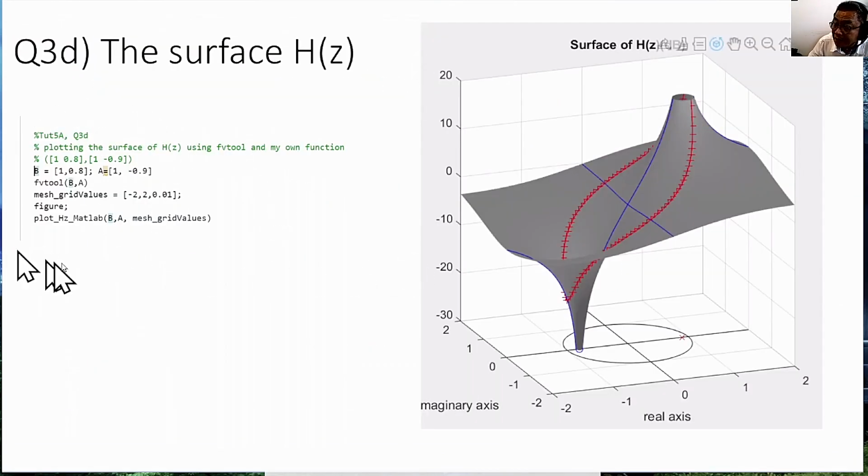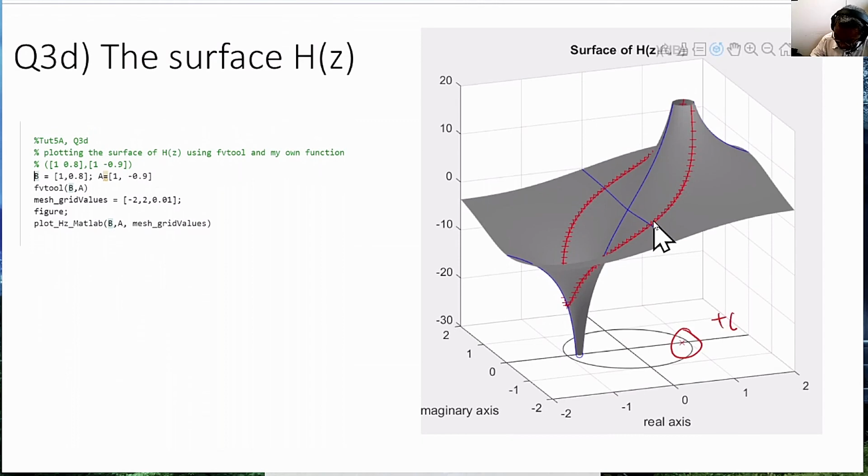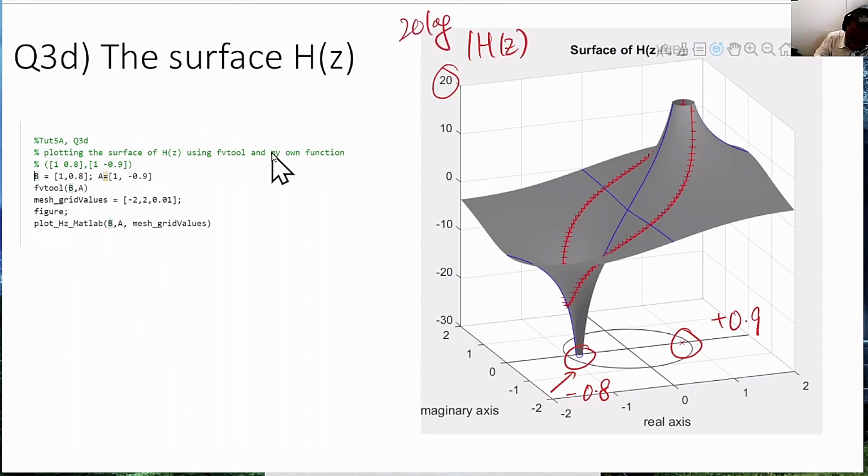Lastly, this is my MATLAB code to show you the surface of H(z). There is a pole at positive 0.9 and there is a 0 at minus 0.8. The vertical axis represents the magnitude of H(z) in 20 log. So this is in log scale.